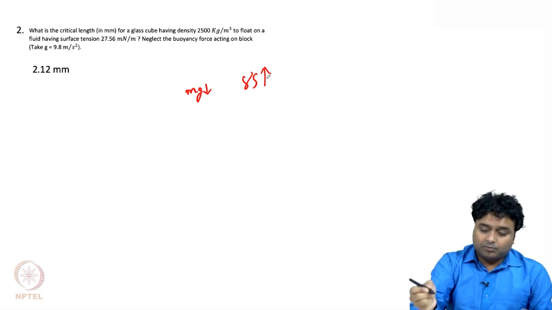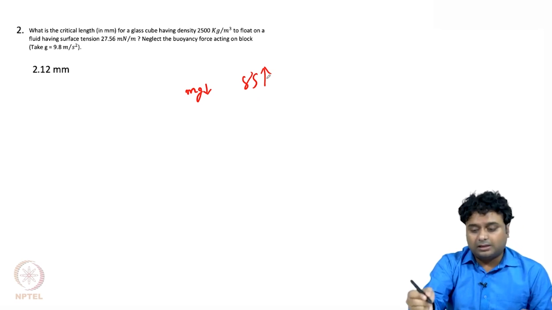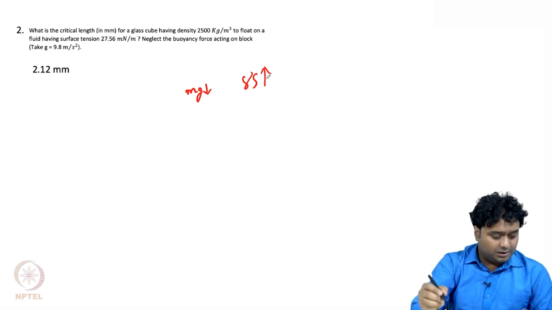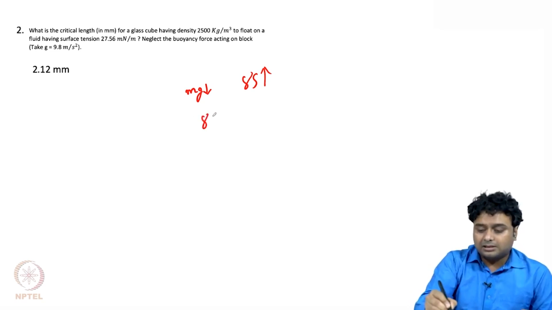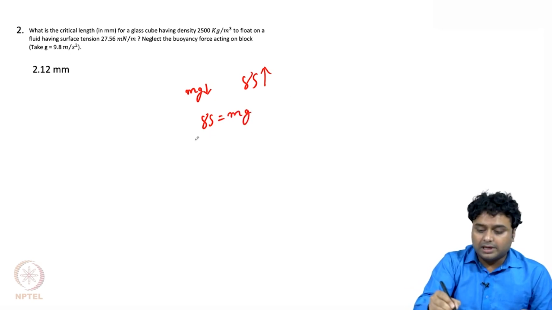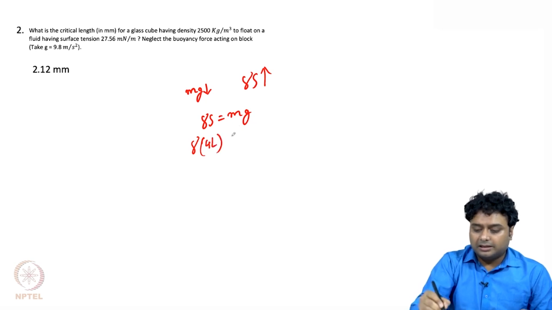Now at critical length, these two forces will be the same, that is when gamma S equals mg, right? And then we know that S equals 4L, because this is a block, similar to the lecture problem, where L is each side of the block, into mg.